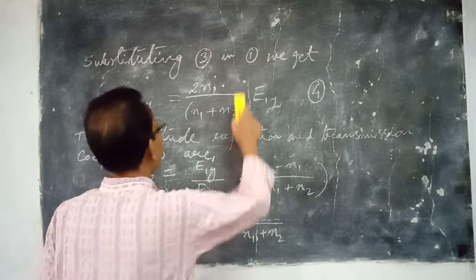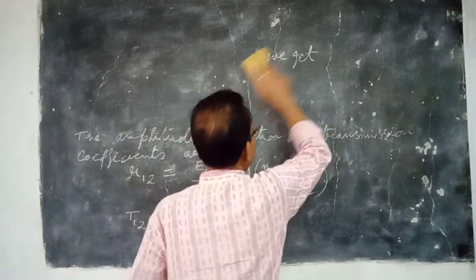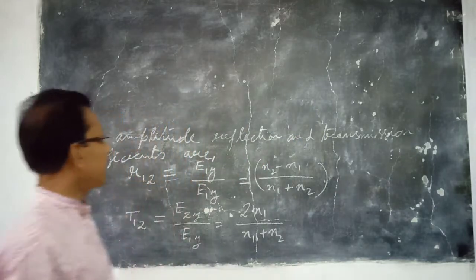So we have to calculate it in terms of the energy flux, that is, in terms of the Poynting vector.